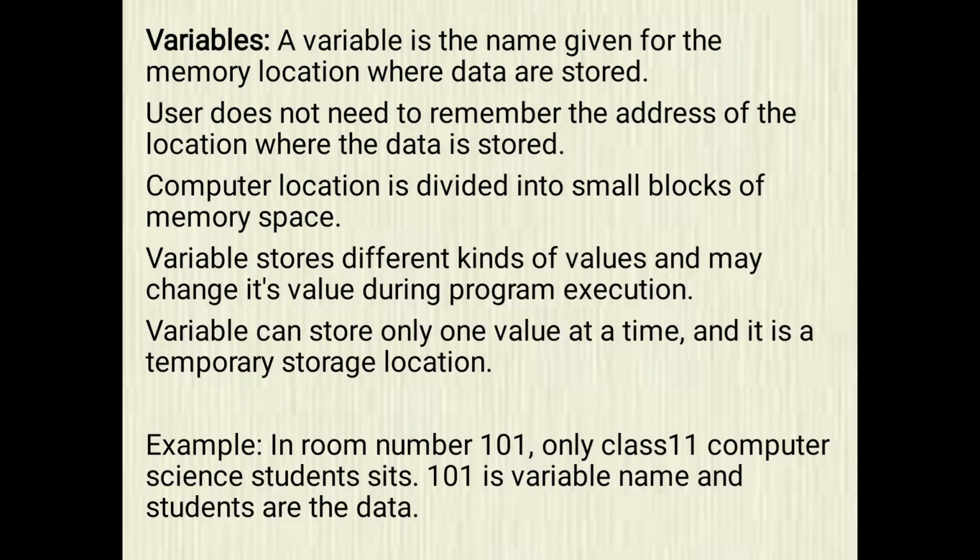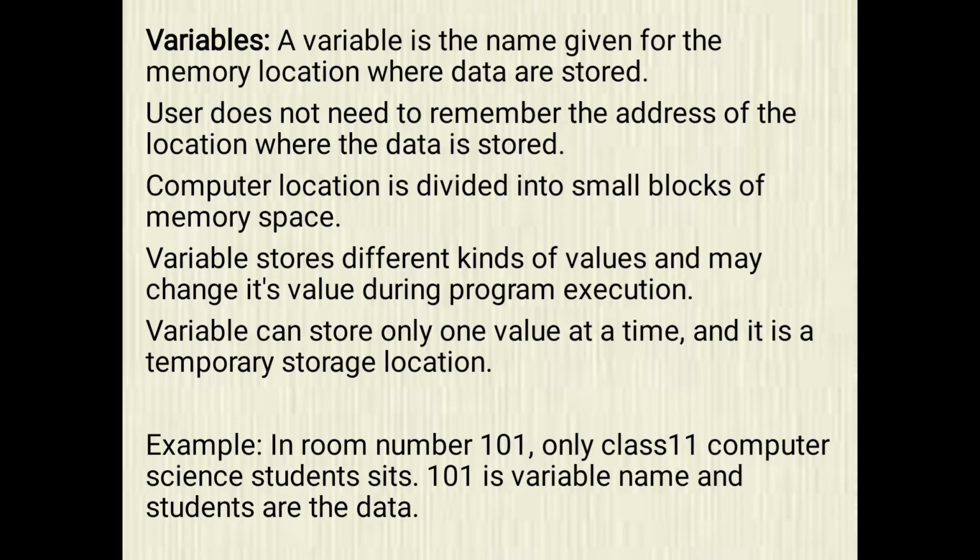Next you have variable. So a variable is the name given for the memory location where the data is stored. Now we store the data in computer memory, but for us users it is practically impossible to know in which memory location the data is stored. So in order to be able to extract or find the data, a variable name is given, that is the name for the location where that data is stored.